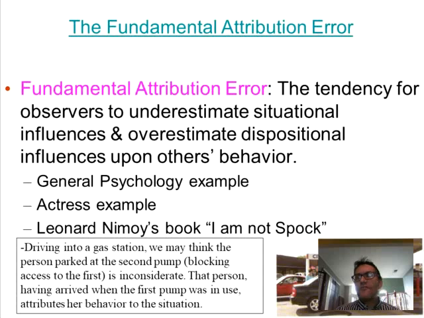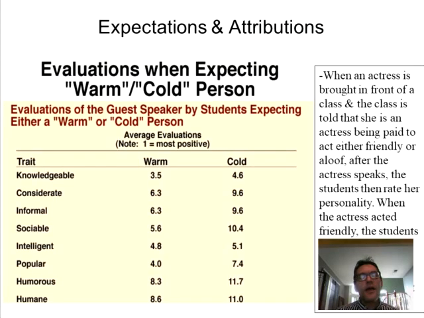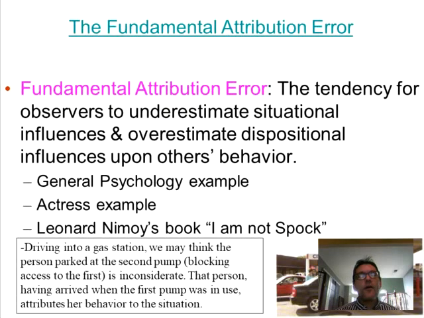So clearly self-defense and murder are way different things. What is this one? Oh, evaluations of a guest speaker. When people were told beforehand the guest speaker was going to be warm or cold, look at the responses to the guest speaker. It's the same speaker giving the same speech. So clearly these expectations that people had shaped the attributions they then made for everything else. It was pretty powerful. Okay.